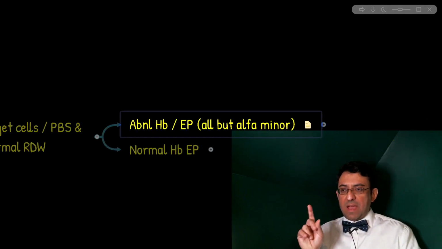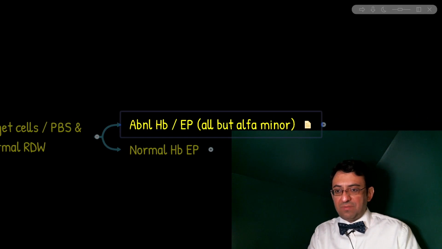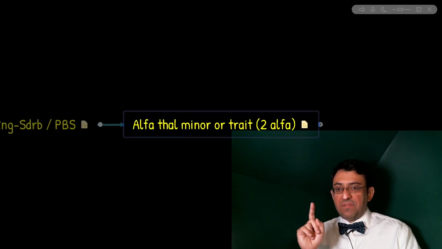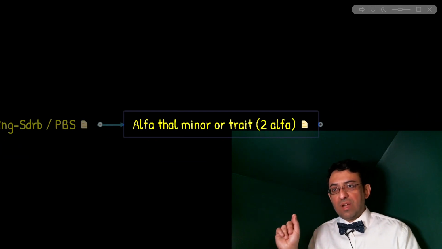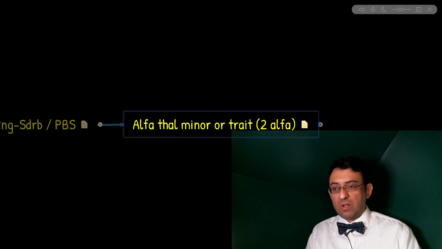So right off the bat, and for the very first differential diagnosis, if we have thalassemia, that's microcytic anemia with normal to elevated serum iron levels, we always have some abnormal hemoglobin in our hemoglobin electrophoresis, with one exception, and that is alpha thalassemia minor or trait. Even beta thalassemia minor or trait would have some abnormalities in hemoglobin electrophoresis, but alpha minor or trait will have normal hemoglobin electrophoresis. Please commit this to memory.